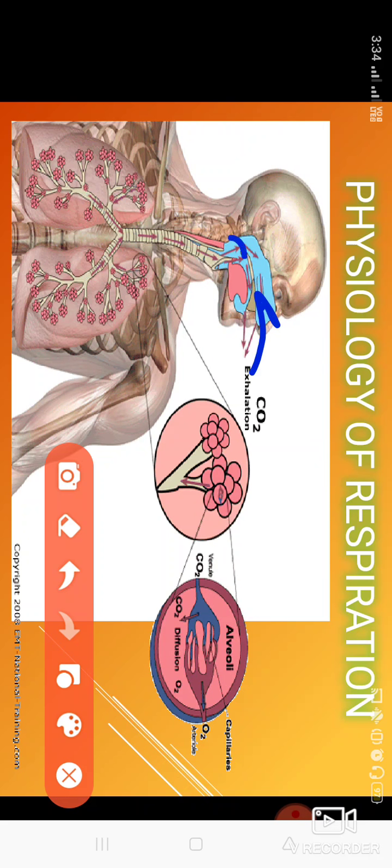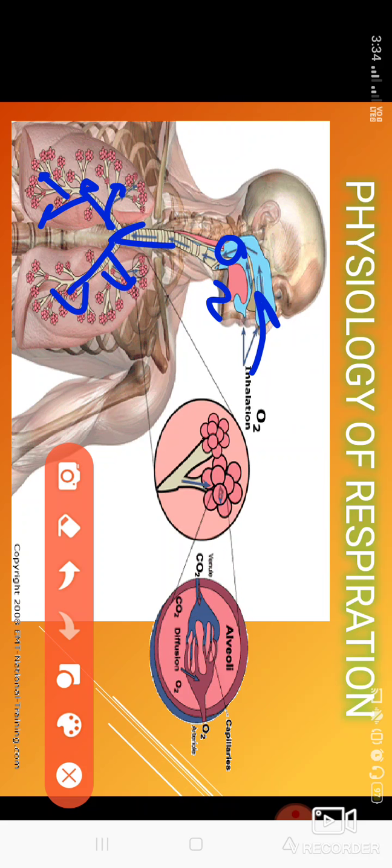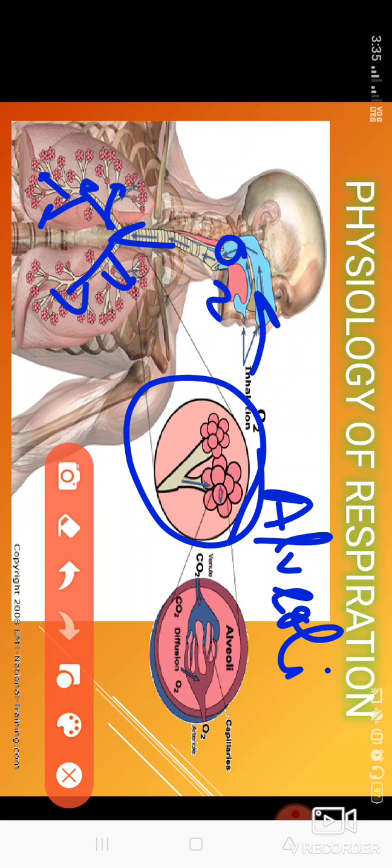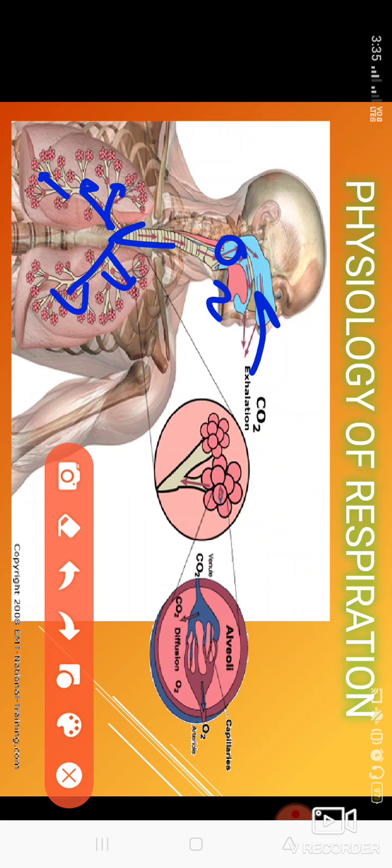During inhalation oxygen is coming to the lungs, and after that it is moving towards different kinds of bronchi, primary and secondary bronchioles, and then it finally reaches these structures known as alveoli. So let us see again what is happening here.